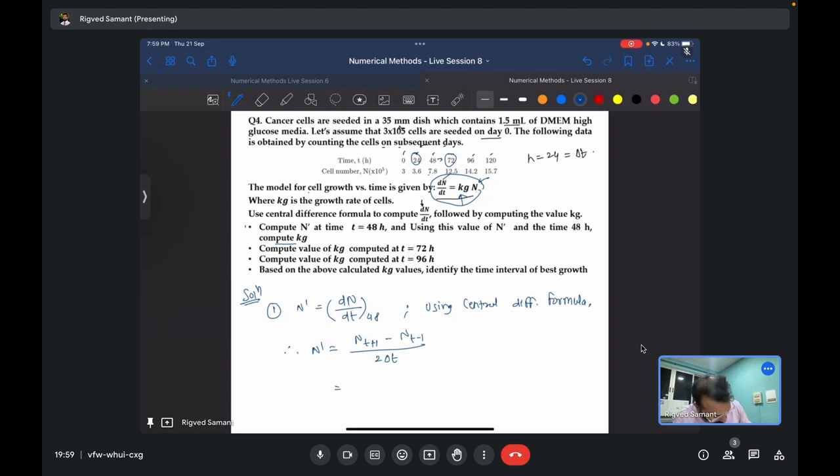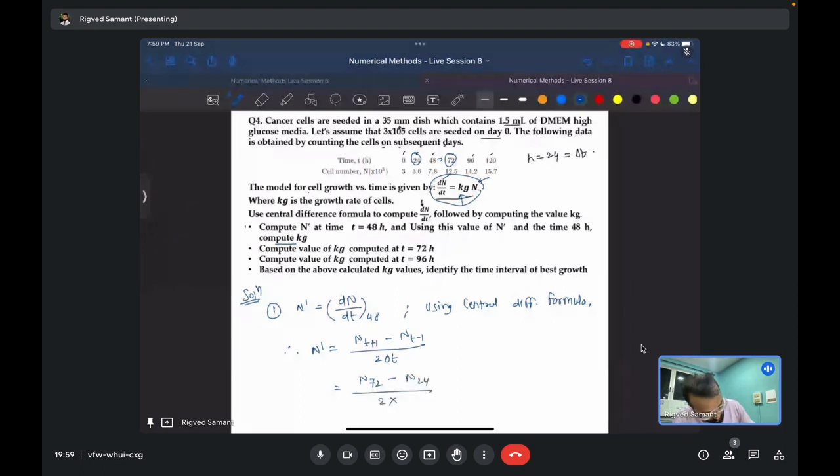So n of 72 minus n of 24 divided by 2 into 24.